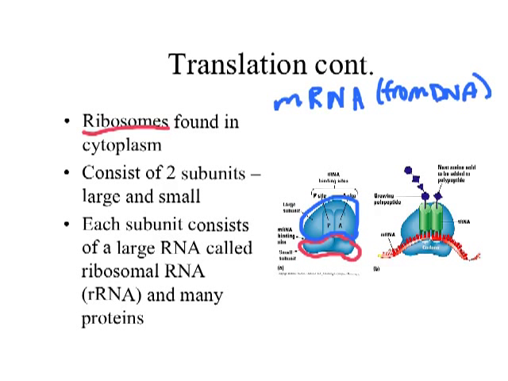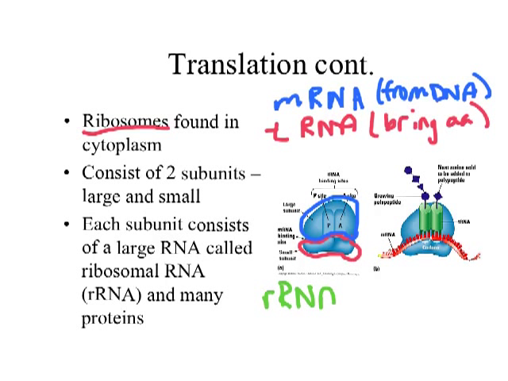We have tRNA, that's going to bring the amino acids. And we have ribosomal RNA, rRNA, that makes up the ribosomes, or is in the ribosomes. So we've got different types of RNA molecules that have different functions.